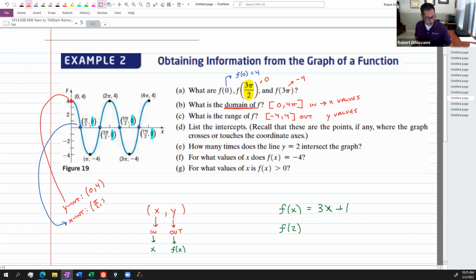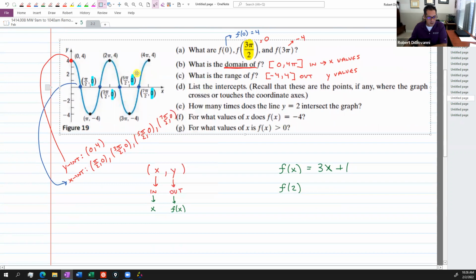Pi over 2, 0. 3 pi over 2, 0. 5 pi over 2, 0. 7 pi over 2, 0. So I have 1 y-intercept. I have 4 x-intercepts. Questions?